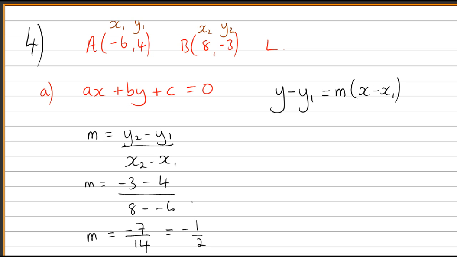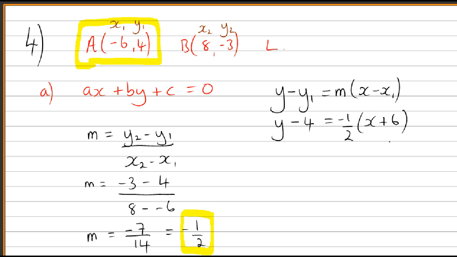Remember, the gradient is -1/2, and I can use any point, A or B. I'm going to choose point A. So y minus 4 equals the gradient, -1/2, of x, and the x value is -6, which will give me +6.